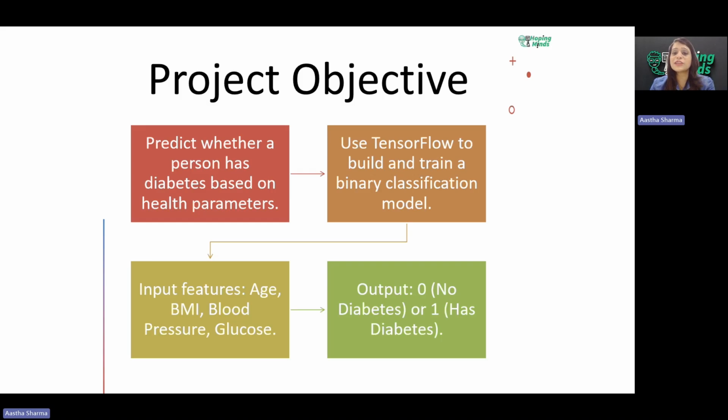Imagine you are a doctor with hundreds of patient records. Whenever you visit for a checkup, the doctor takes these kinds of details from you. It includes age, it includes your BMI, which is body mass index, and it includes your glucose level.